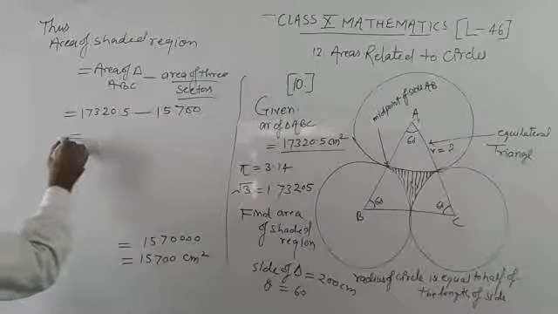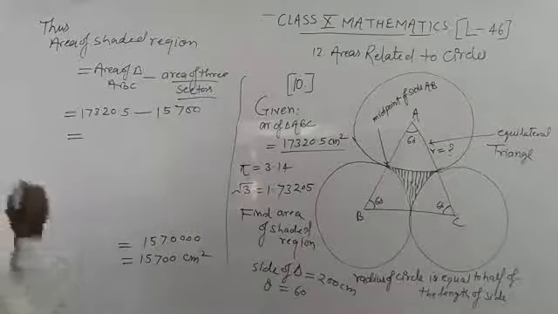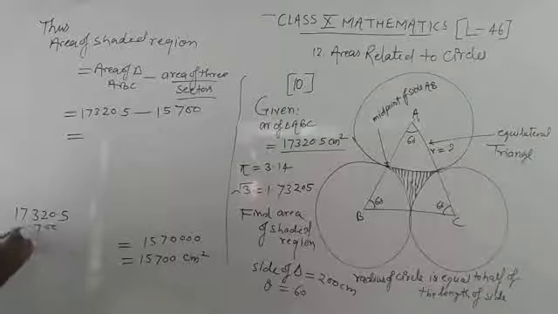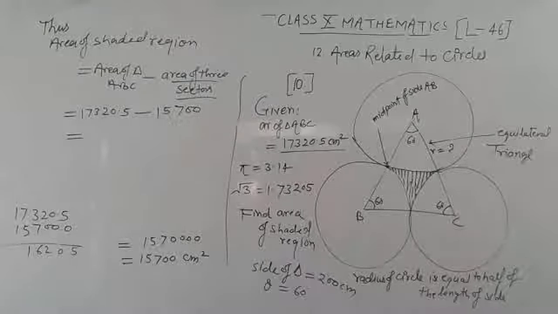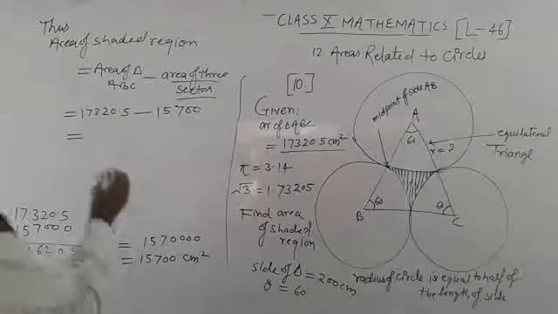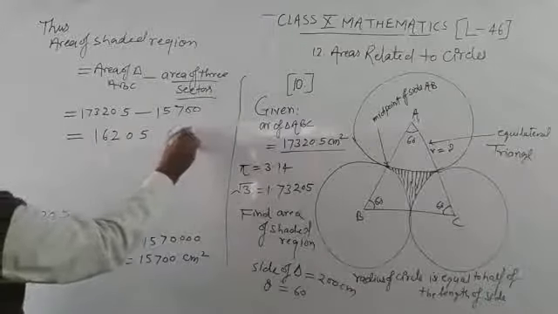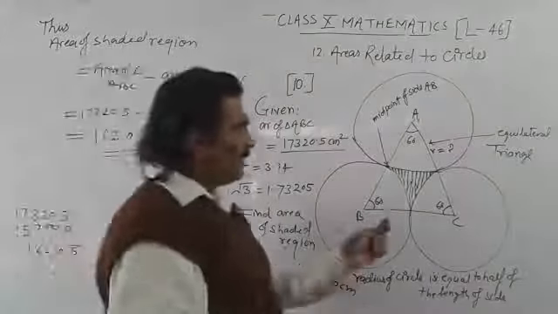So now, students, subtract it and find your answer. So, students, after subtracting we get 1620.5 centimeter square. Students, so this is the answer, the area of this shaded portion.